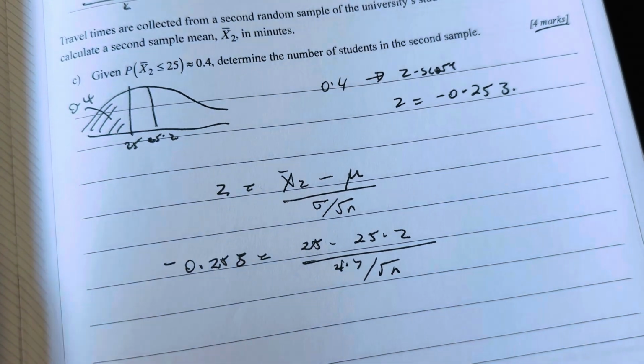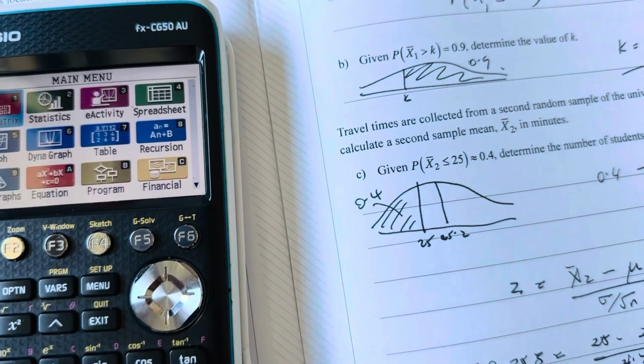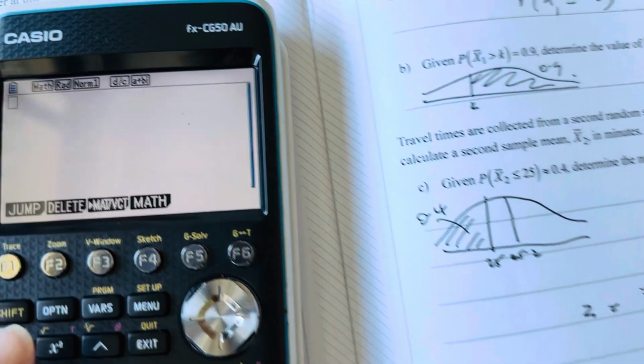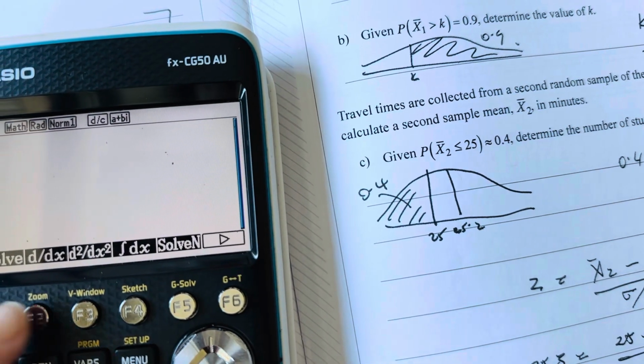Now, you could rearrange that on your calculator. I'm just going to go and solve for n, hey? That'll probably be the way to go. I'm just going to delete all on there so I've got a nice clean screen for you. So options, calc, solve n.